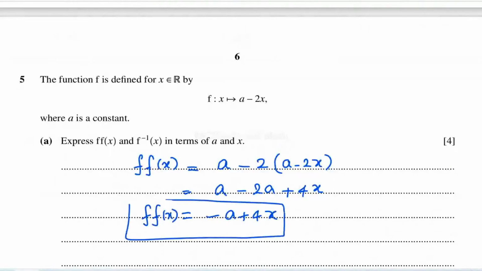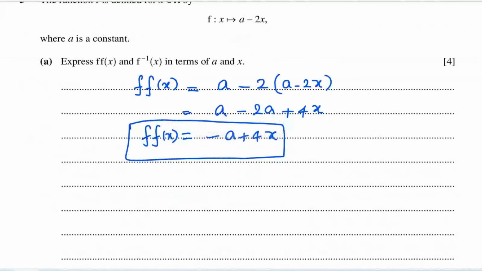Next, we need to find f inverse of x. Let's take y is equal to a minus 2x. Now we have to make x as the subject. So y minus a equal to negative 2x. So what is x? y minus a divided by negative 2.